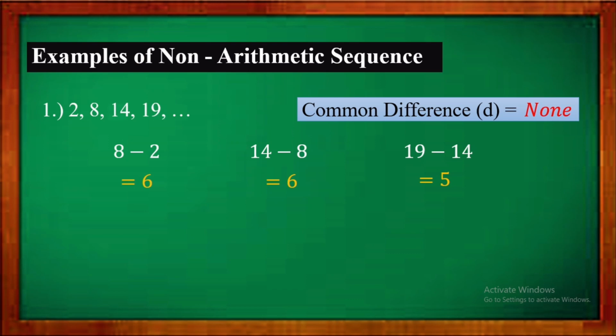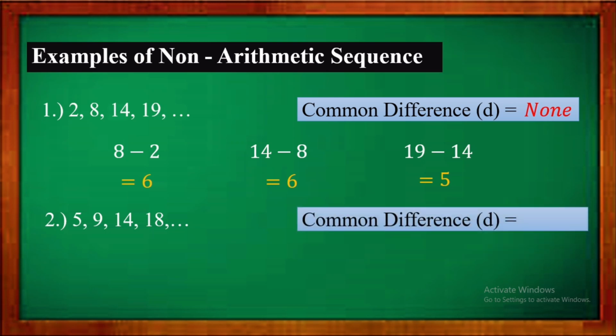Another example. Example number 2, we have the sequence 5, 9, 14, 18. So again, we have to check whether this sequence has a common difference or none. So the second term, we have 9 minus 5. 9 as our second term minus our first term, which is 5.